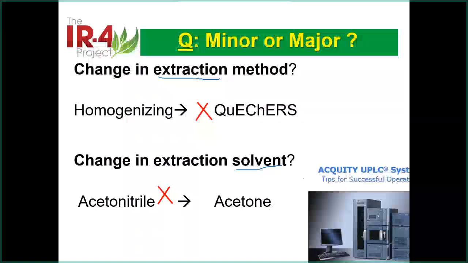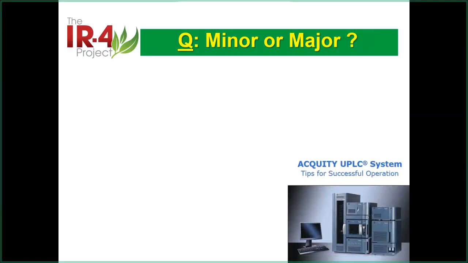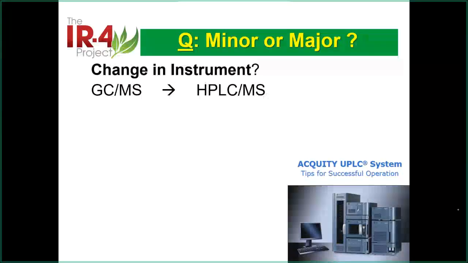Okay, so let's go a little bit more. Next one, is this a big no or not? If we change to a cheaper instrument, from GC-MS to LC-MS, is this okay? There's a lot of argument there.